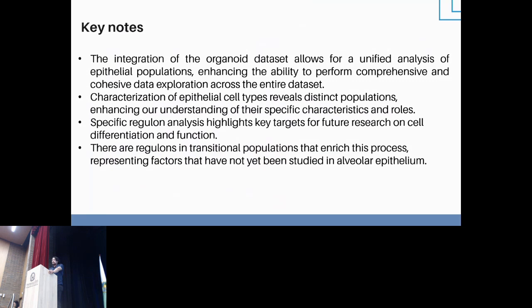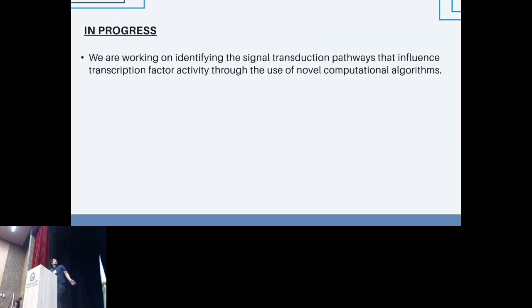We searched for specific regulons inside these cell populations, and we also found that there are regulons in transitional populations that are enriched for the process of development. But these are the results of the enrichment analysis. We also want to know which are the transduction pathways, how these regulons are activated and by which kind of signal.